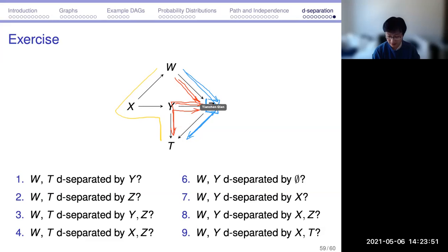In order to block this entire path, we need to either condition on Y, because we're blocking this fork, or not condition on Z, because here we have a collider, and not conditioning on the collider blocks the path. Therefore, when we are conditioning on Z, as we're asking in question 2, we're opening this red path from W.